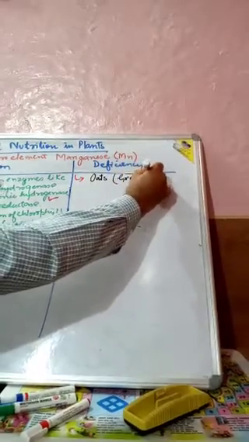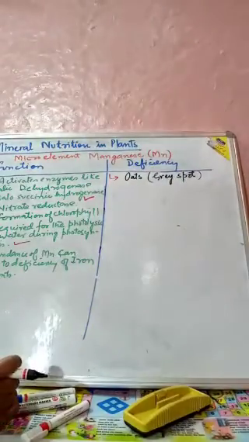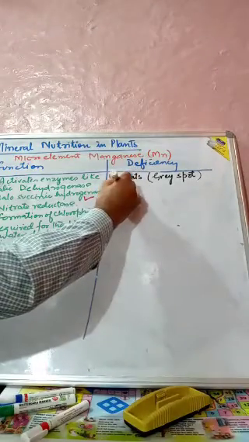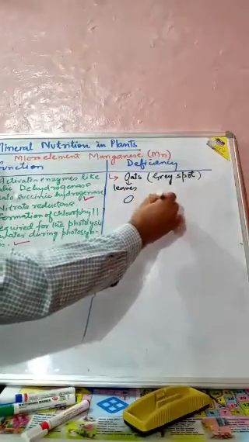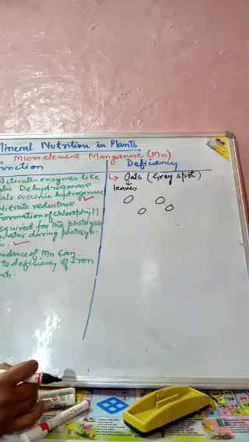That disease is called gray spot disease, and it takes place in the leaves of oats. What we will see there, these gray spots are scattered, one here, another here, another here, on the leaf of this oats.